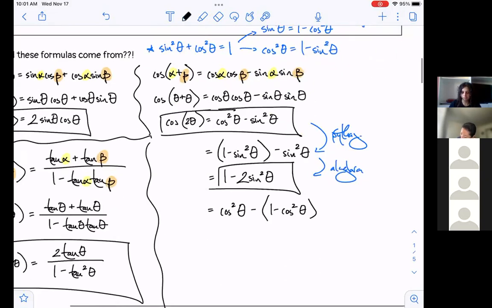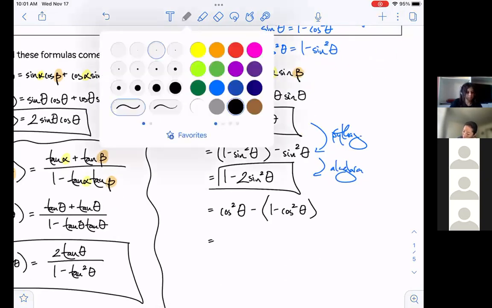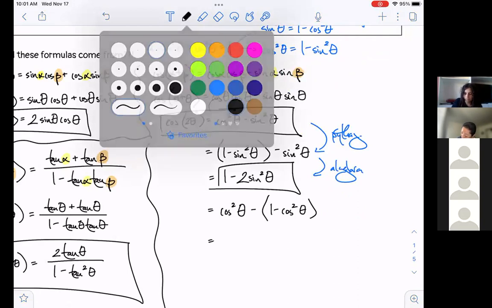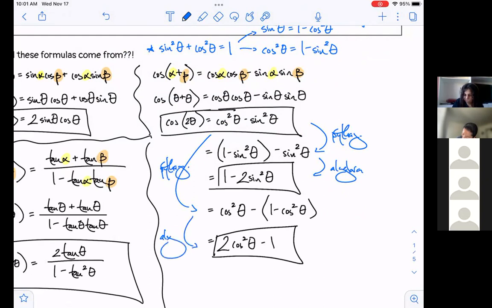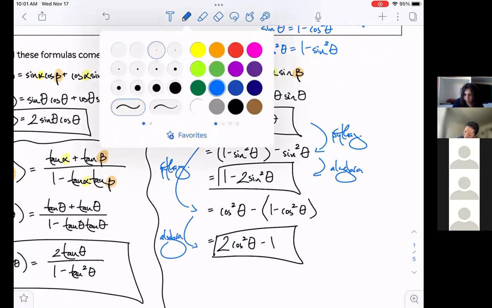All right. And if I do a little bit of algebra here, I'll end up with 2 cosine squared theta minus 1. Right, so we did Pythagorean, and then we did some algebra. Okay.